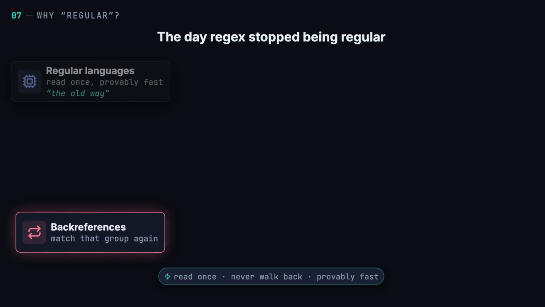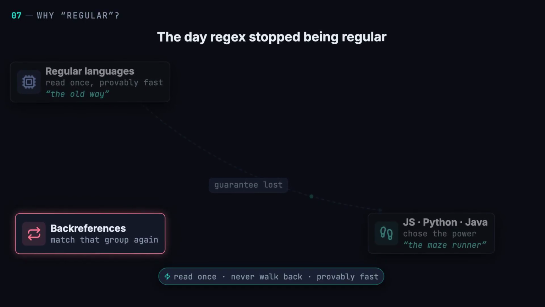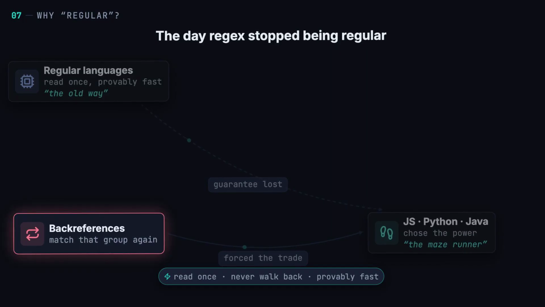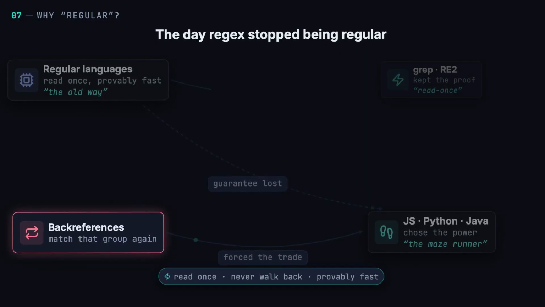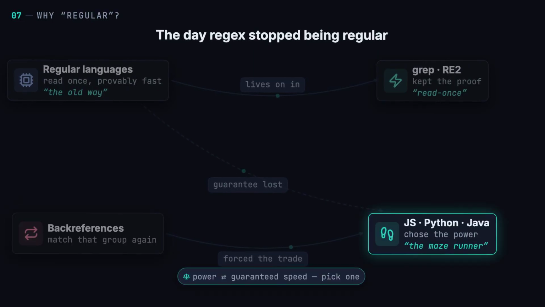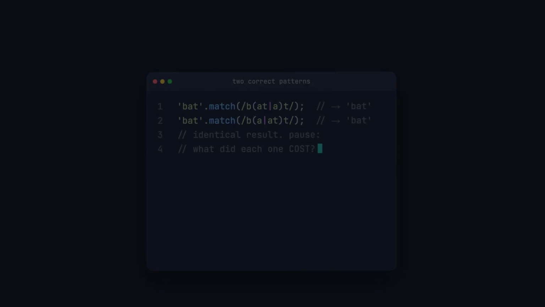No read-once machine can do that. So Perl and then JavaScript, Python and Java chose our runner instead. Breadcrumbs, walkbacks, more power, and the speed guarantee was the price. Grep and Google's RE2 still run the read-once machines. Fast but no backreferences. Your language runs the maze. 2 families, 1 trade. Remember it. It comes back in episode 8.